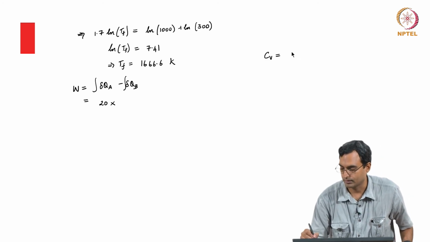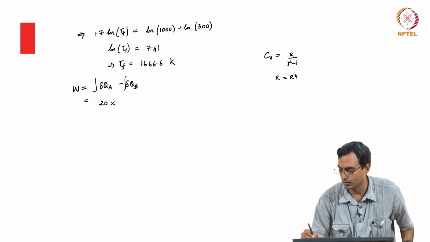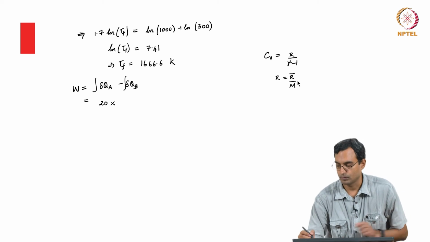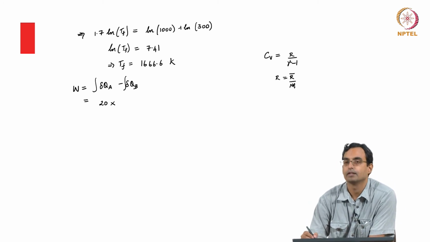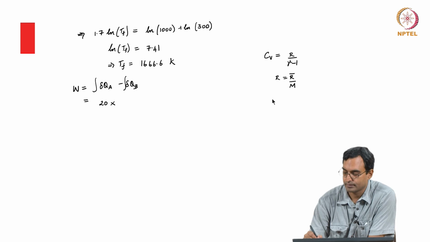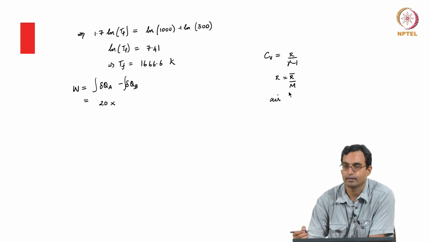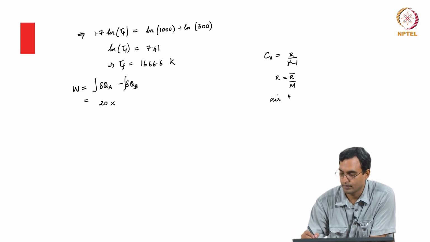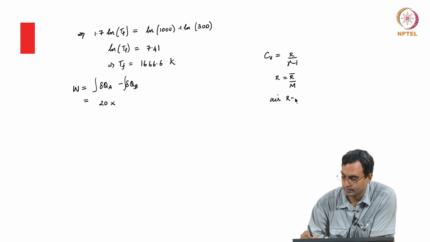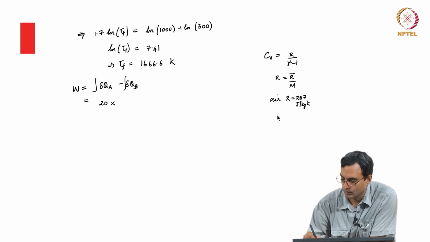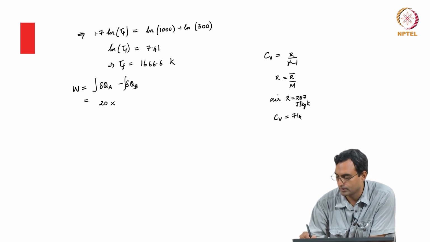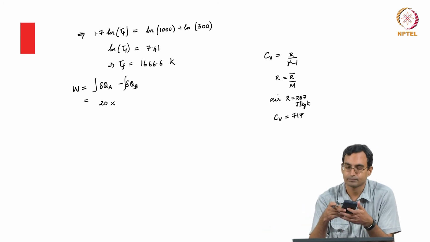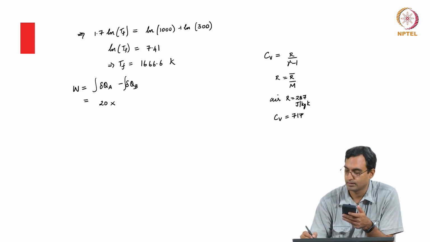Cv is essentially R by gamma minus 1. R is R bar divided by molecular weight. We have done this calculation before, and typically for air we can take R as either 287 or 288, which gives us a Cv. So let me take R as essentially 287 joule per kg Kelvin, which gives me a Cv of about, if I take 287 by 0.4, gamma is 1.4.